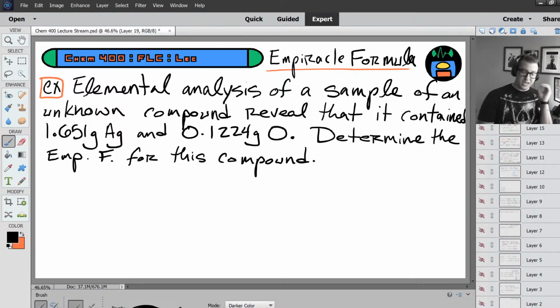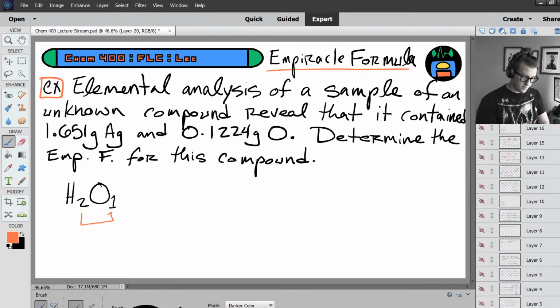All right. Now, here's the method. Here's the thing to keep in mind. When you look at a molecular equation, for example, in a molecule of water, H2O, we know from the chemical formula the ratio between hydrogen and oxygen, right?